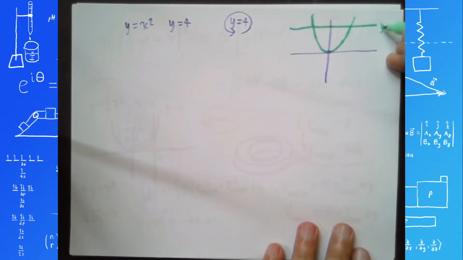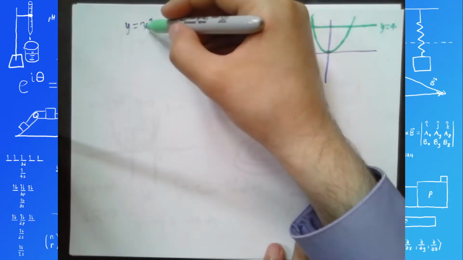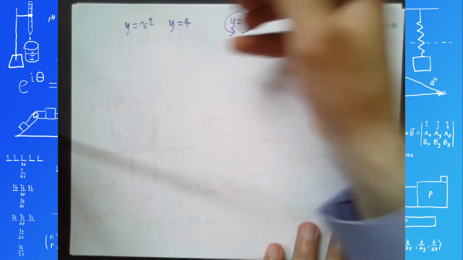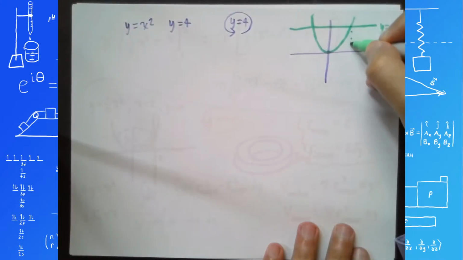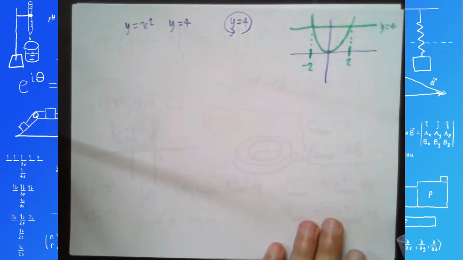So that's at y equals 4. And yeah, we're rotating this around y equals 4. Let me get those intersection points first. So when y equals 4, 4 equals x squared, meaning x is plus or minus 2. And that takes care of that.